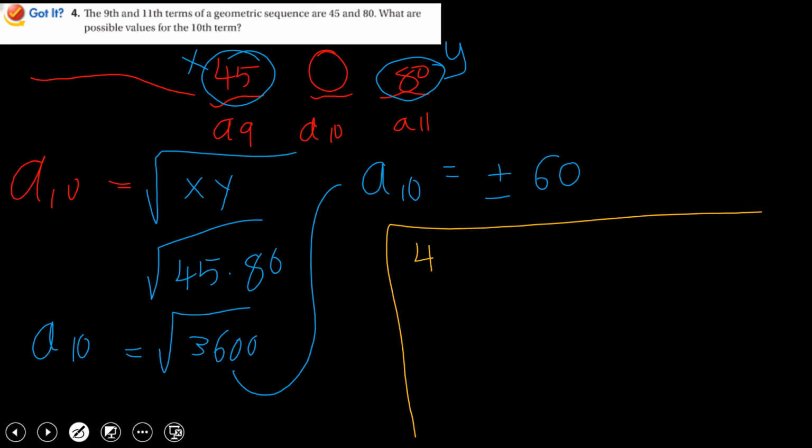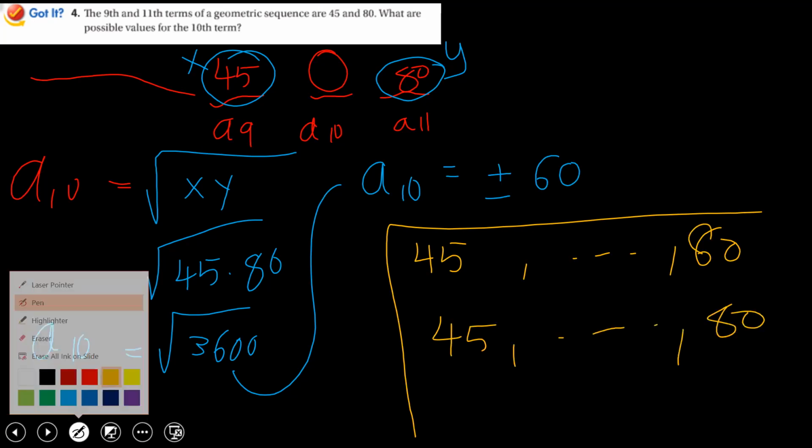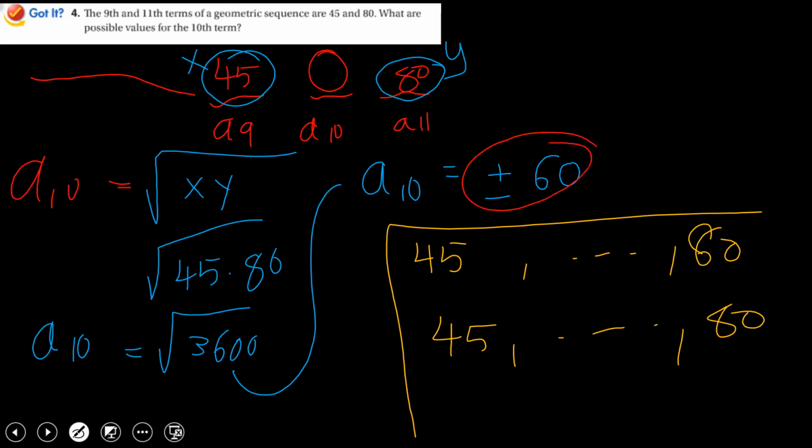It could be 45, and since there are two numbers it could be, here it could be positive 60 and here it could be negative 60.